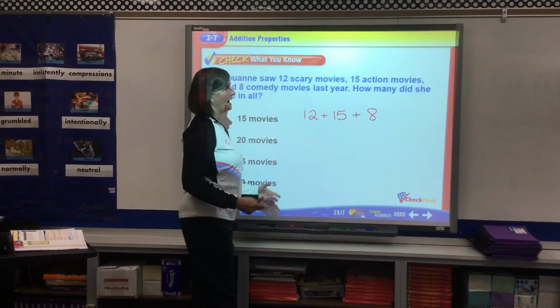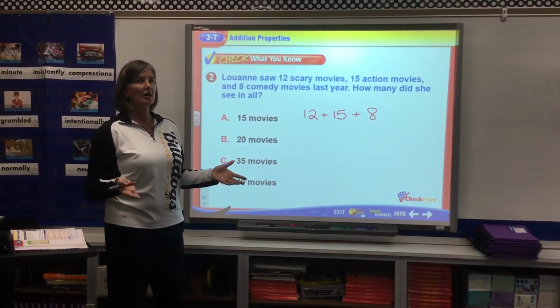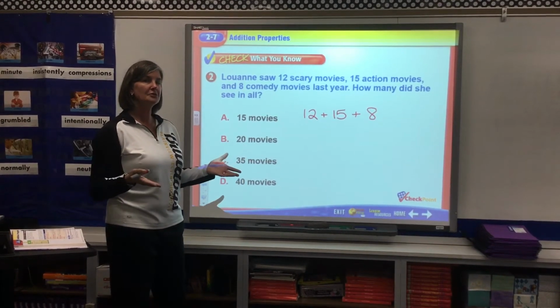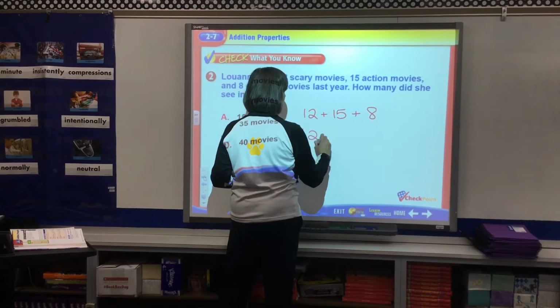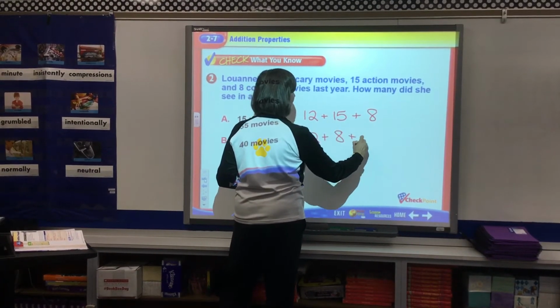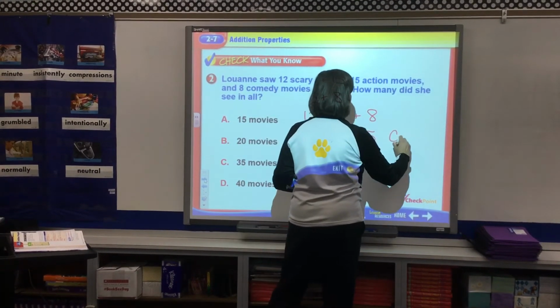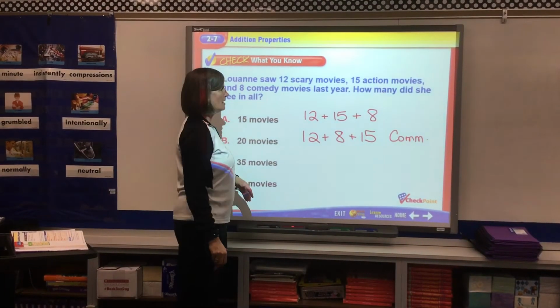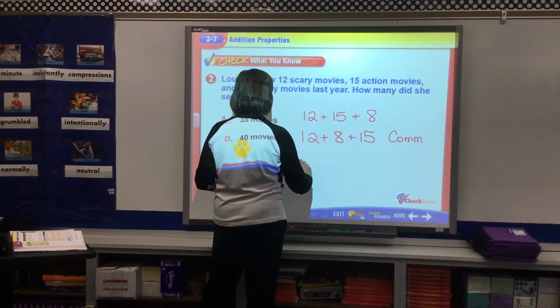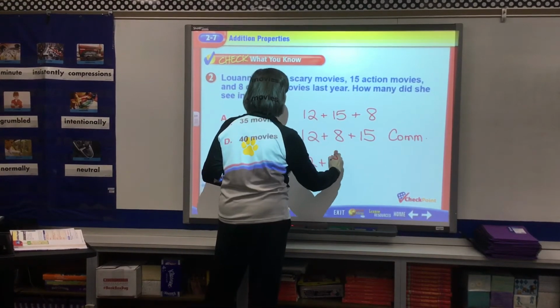All right, now I'm noticing that 12 and 8 are compatible numbers. So I'm going to use the commutative property, and I'm going to rearrange these numbers. I'm going to say 12 plus 8 plus 15, that's the commutative property. The order in which you add them does not matter. Then in the next step, I'm going to add parentheses around these two.